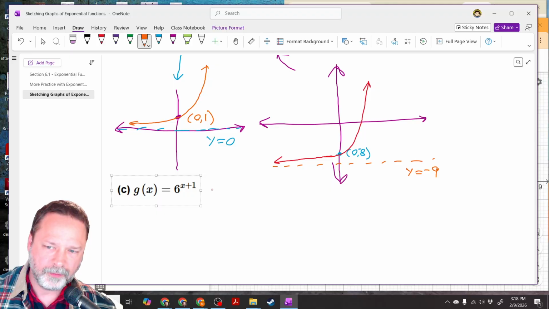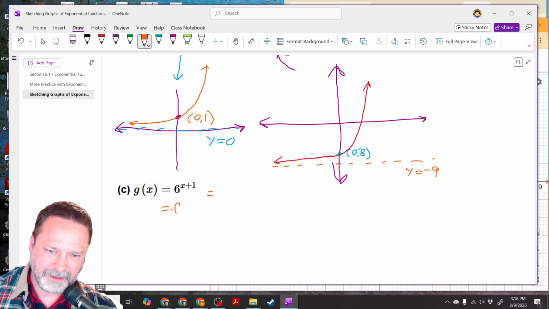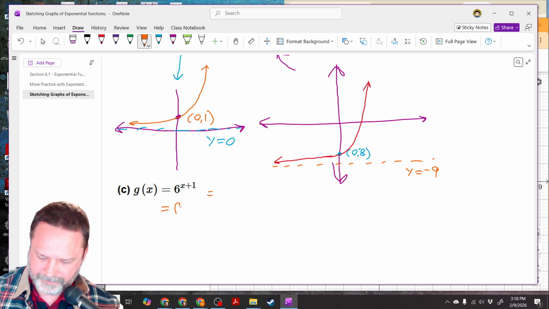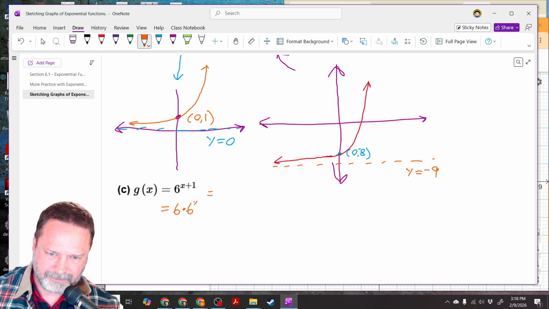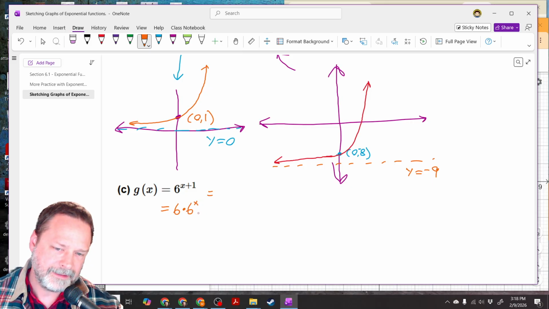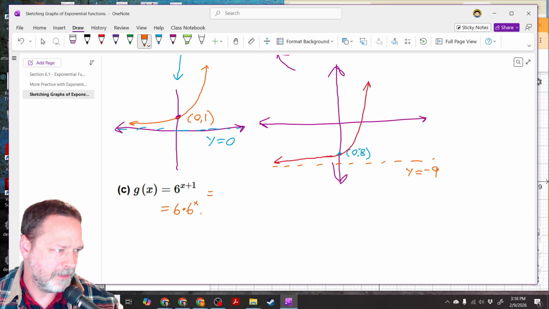That's not in our normal form. We like it b to the x. So can I get it to look a bit like b to the x? I definitely can. 6 to the x plus 1 is really just 6 times 6 to the x. That's the difference.